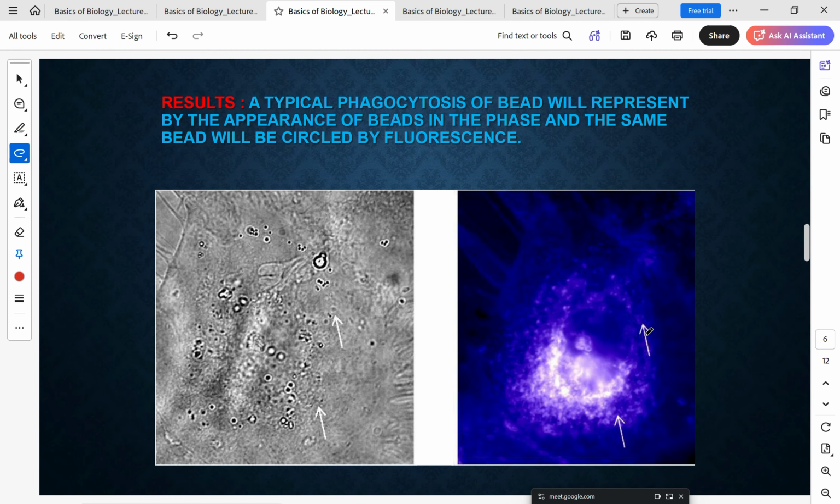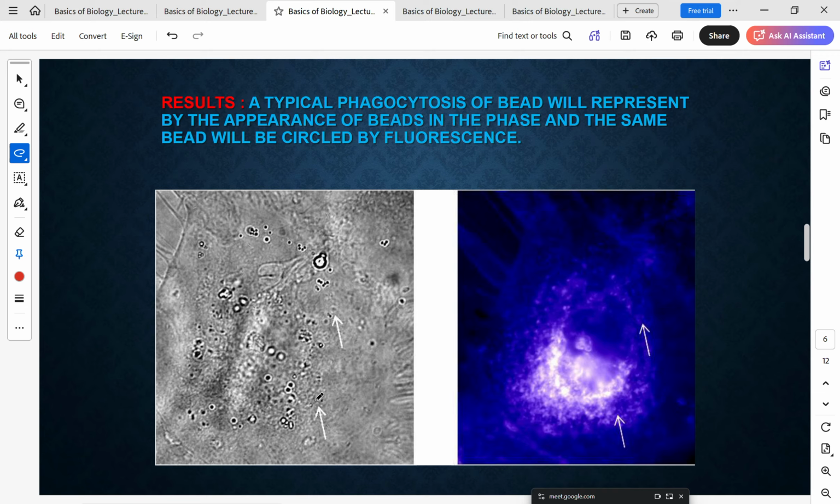If there are latex beads which are internalized into the cell, they will be internalized with a piece of the plasma membrane. In that case, you will see a blue circle around the latex bead.